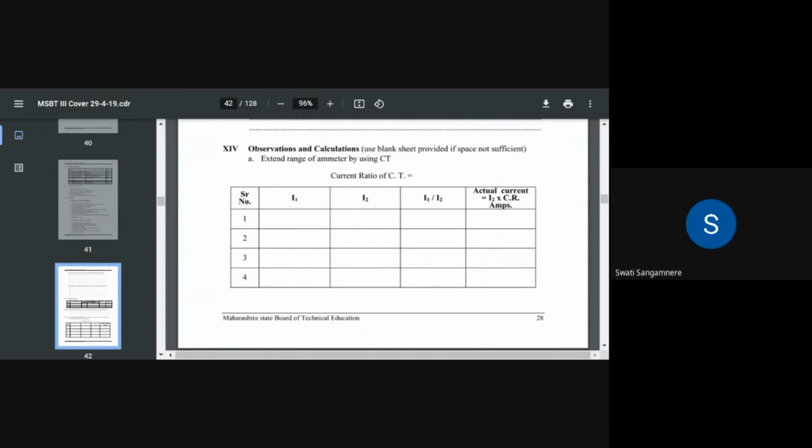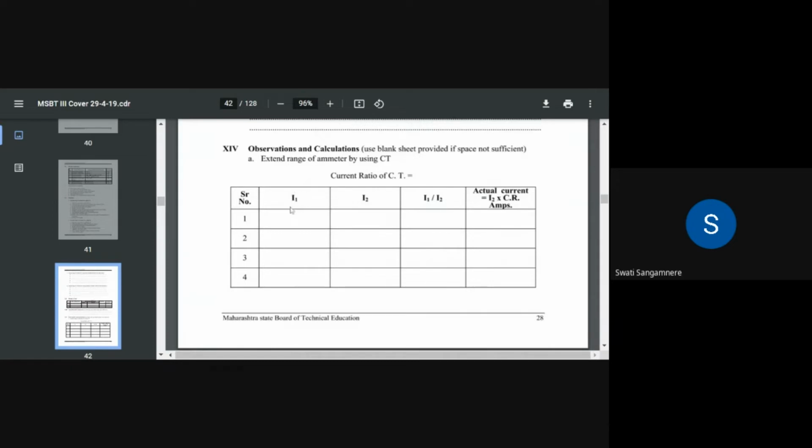We observe the readings of I1, then I2, then I1/I2, and then we calculate the actual current using I2 times CR. CR means current ratio of the CT.